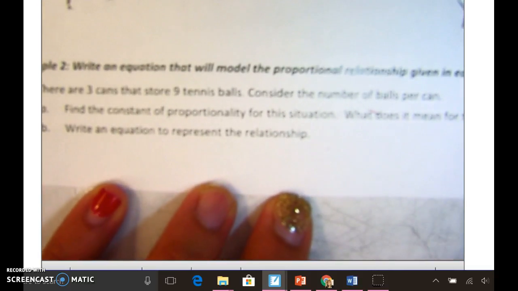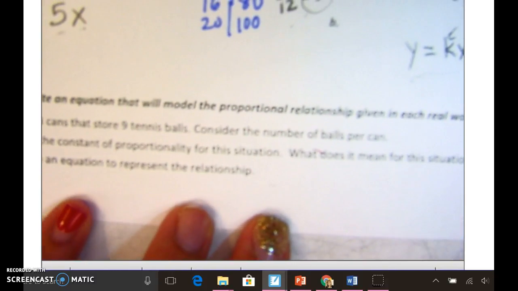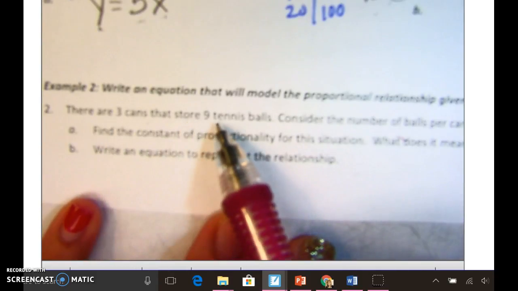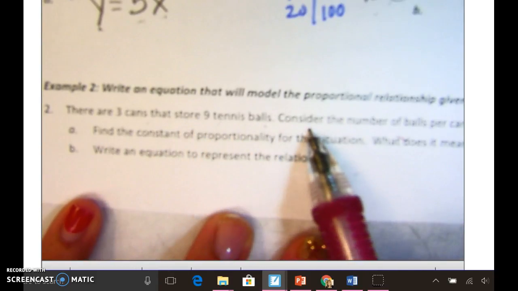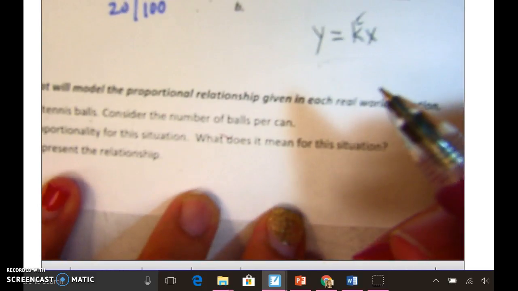Okay, so example 2. Write an equation that will model the proportional relationship given in each real-world situation. It says there are 3 cans that store 9 tennis balls. Consider, this means think, about the number of balls in each can. So you're going to make a ratio of the tennis balls to the cans.